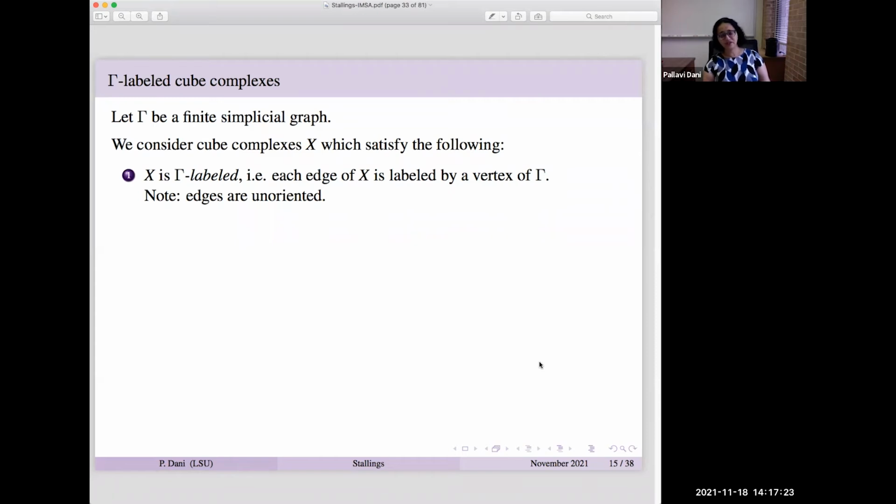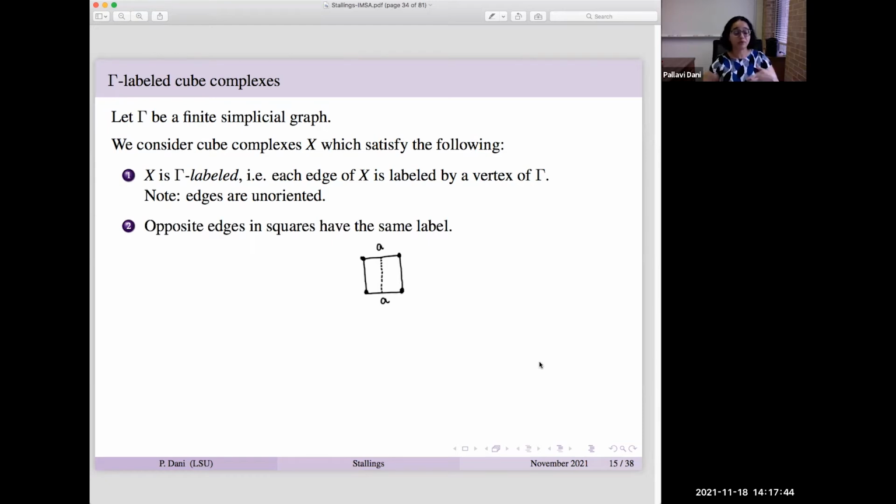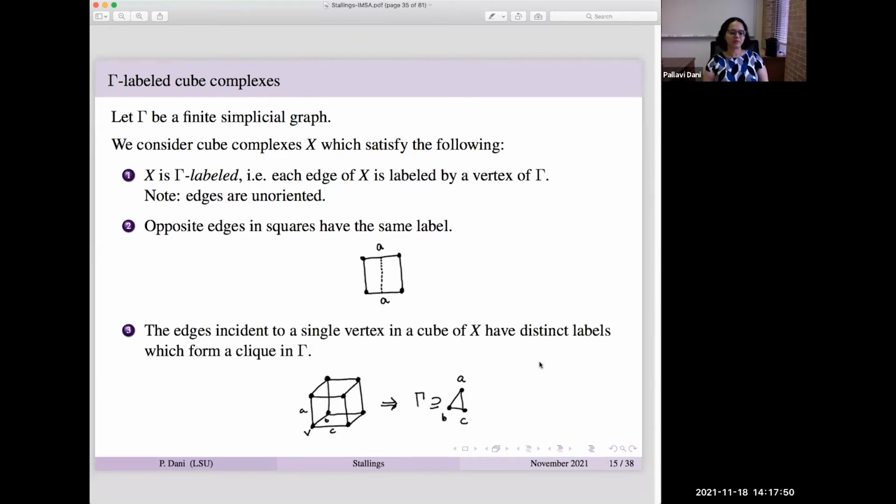And because all the generators are of order 2, it's more convenient to take the edges to be unoriented. Then opposite edges in squares have the same label. This is what you would expect, say, in the Cayley graph or the presentation complex of one of these right-angled Coxeter groups. We want to only consider complexes which have this property.